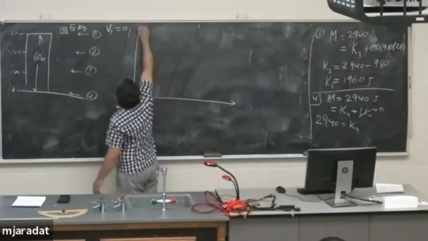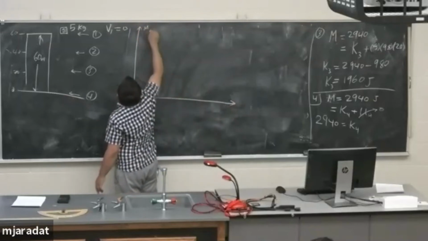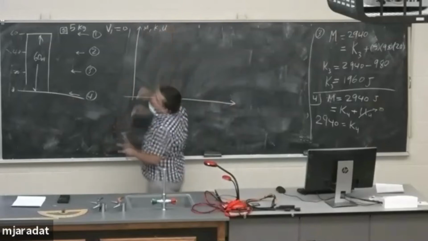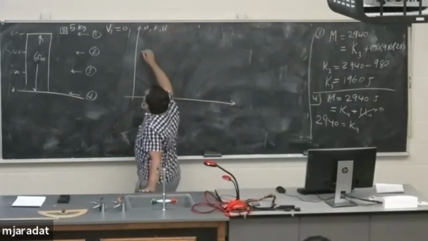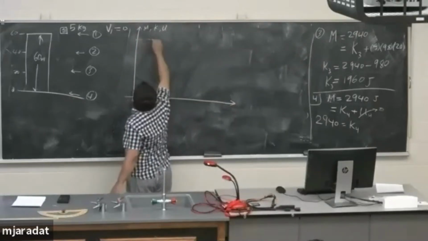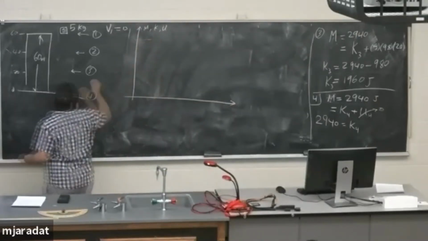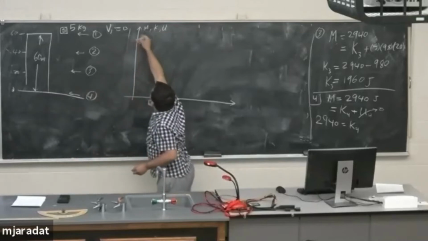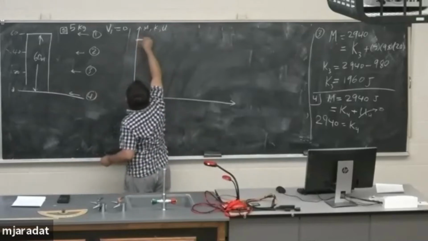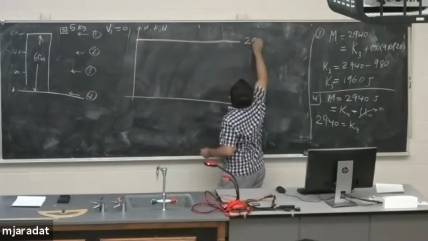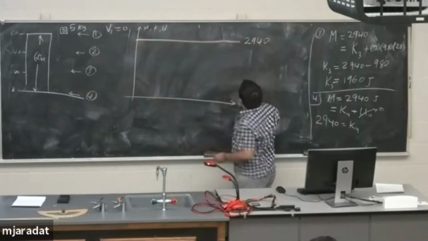This is the mechanical energy, the kinetic energy, and the potential energy. This is the total mechanical energy. It is equal to 2,940 joules.